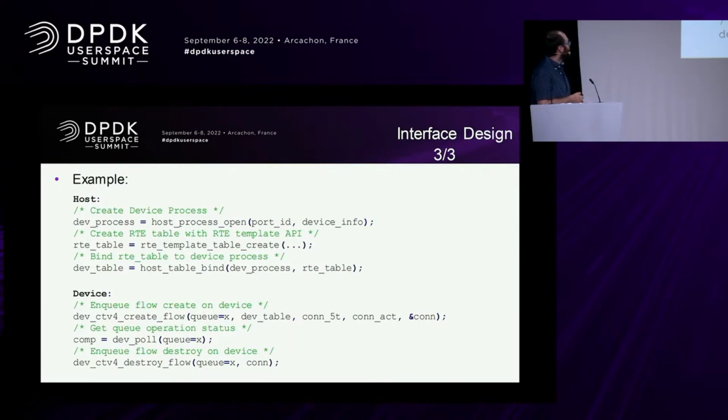The device calls the specific configuration function, device CTV4, create the flow. It specifies the queue that it wants to run on, because everything is running in parallel on different queues. It specifies the device table that it got, the specific 5-tuple that it wants to offload to the hardware, and the actions that the device wants to execute, and it gets back a connection.